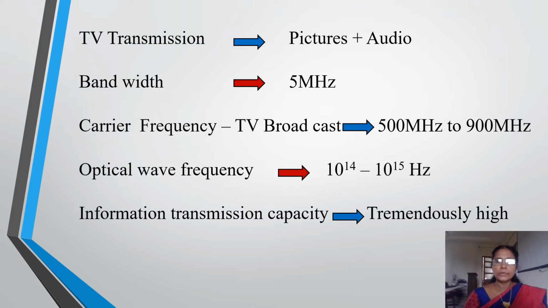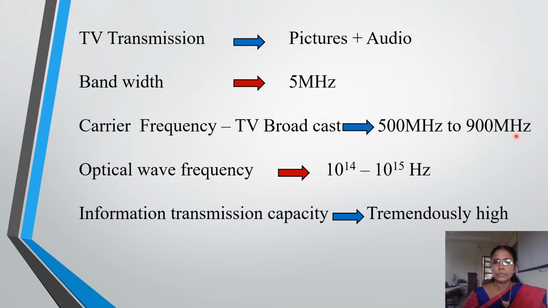In radio transmission, we want to send only audio. But in TV transmission, we want to send pictures as well as audio. So here we need more bandwidth, that is about 5 megahertz. And for TV broadcast, carrier frequency range is from 500 megahertz to 900 megahertz.